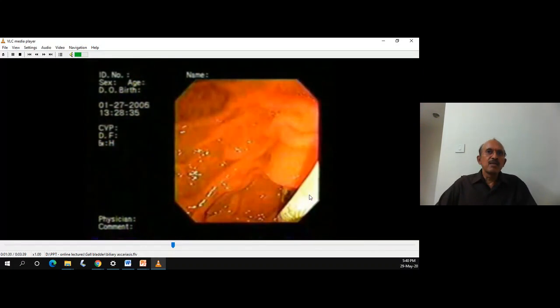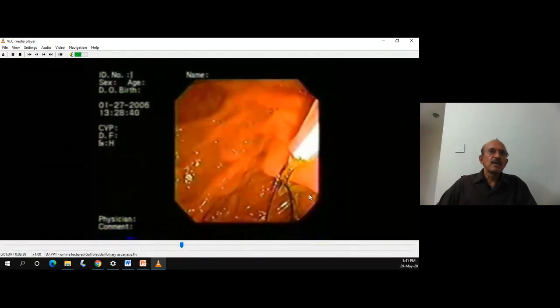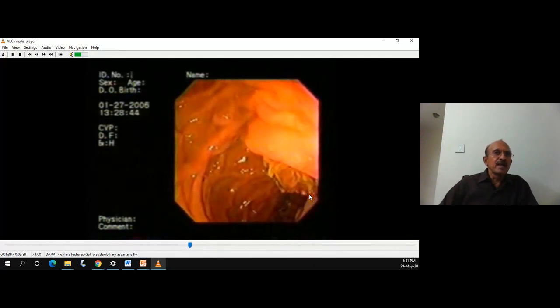You can see now the basket opens to try to hold the tip. The worm sensed it and then it has dragged inside.